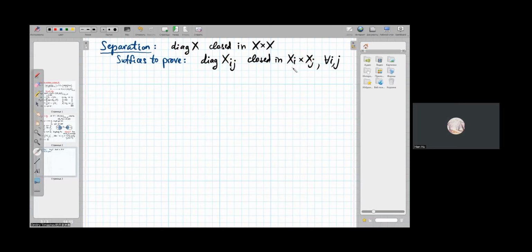So the diagonal... Well, you are using that if the diagonal intersecting an open cover is closed, then the diagonal is closed. Exactly.